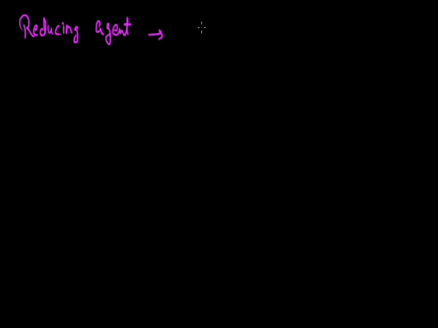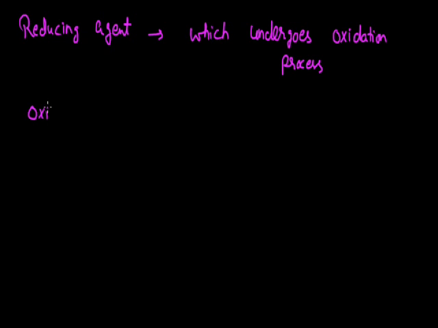It's the substance which undergoes the oxidation process. While on the other hand, if they ask about the oxidizing agent, then it is the substance which undergoes the process of reduction.